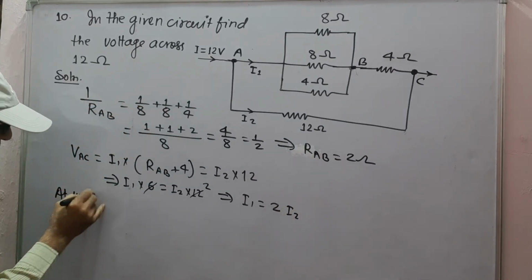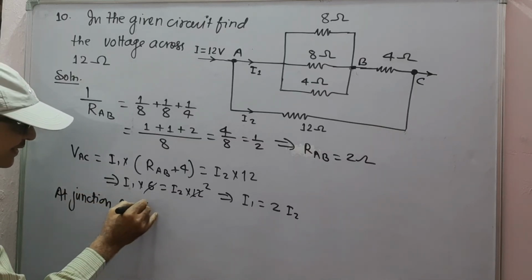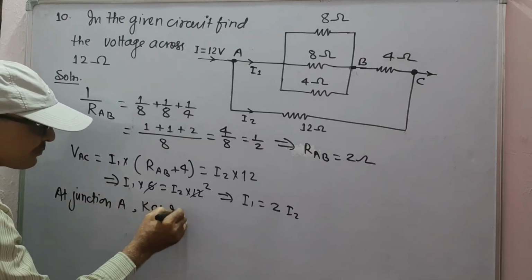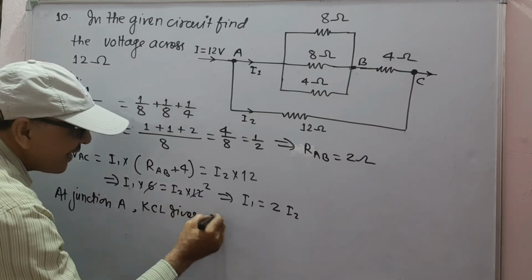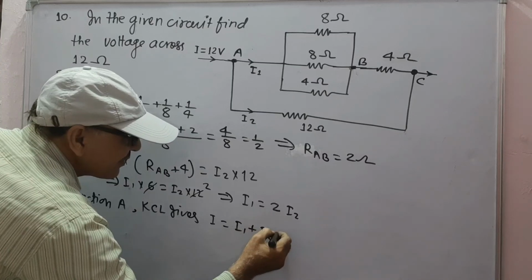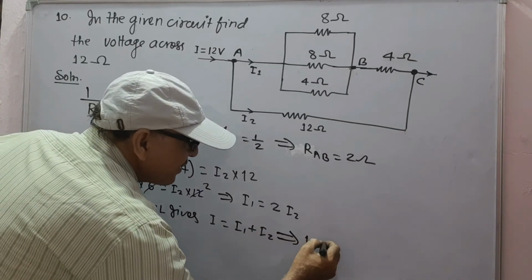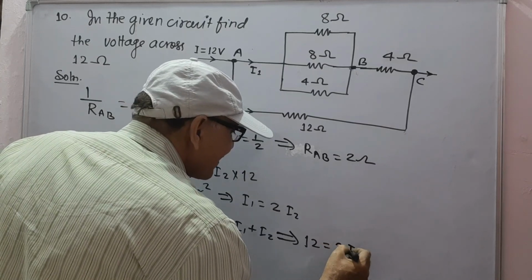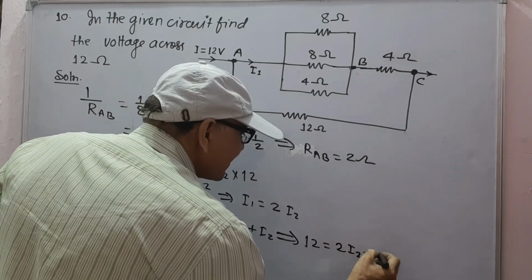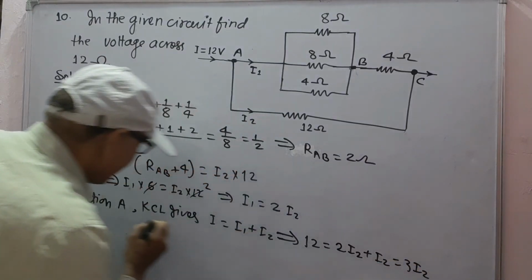Junction A, KCL gives I is equal to I1 plus I2, that is I is 12, 2 I2 plus this I2, 3 I2.